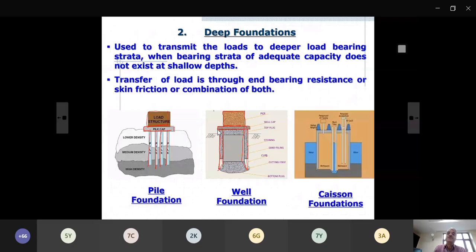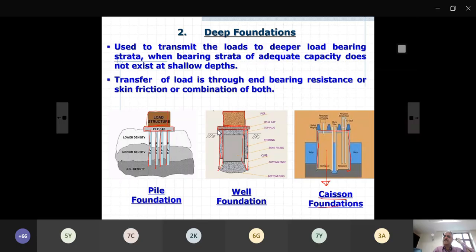And the third type of foundation, which can be taken as an offshoot of well foundation, is the caissons. Right? Well, normally they are cast at the site and then they are sunk. Whereas caissons, this well is cast somewhere else, most of the time. Then it is brought to the site and then they are sunk. So for caissons, only sinking is done at the site.